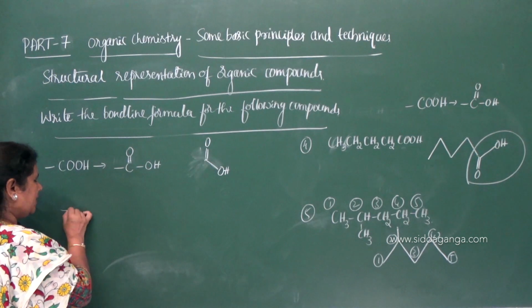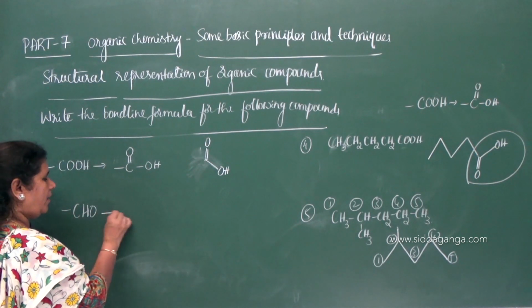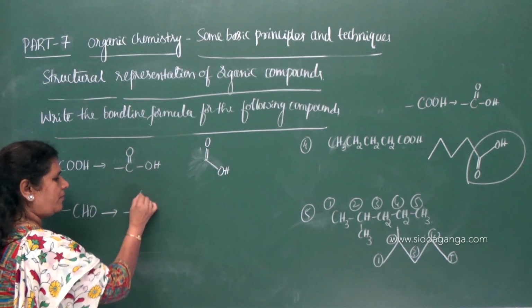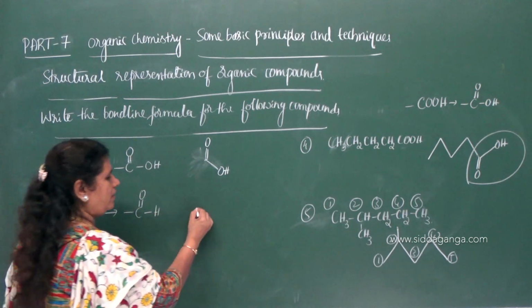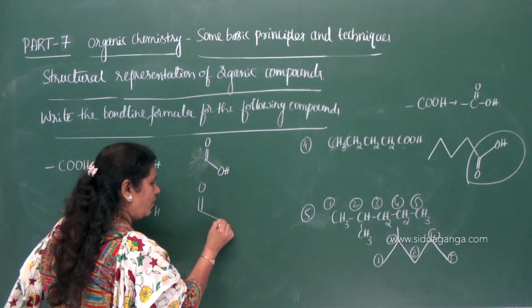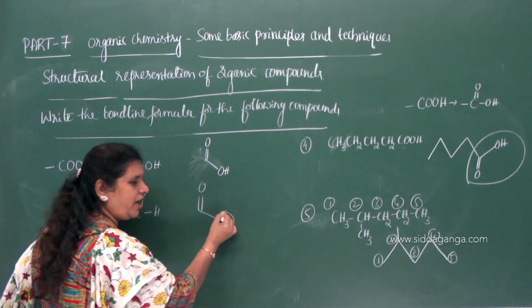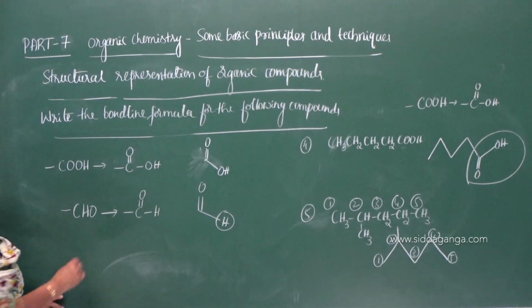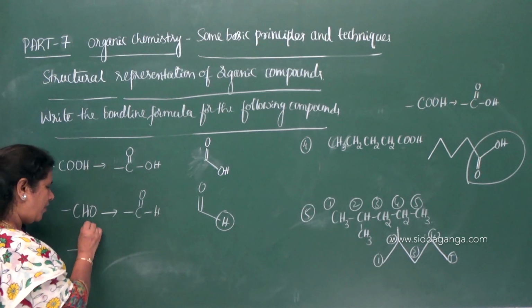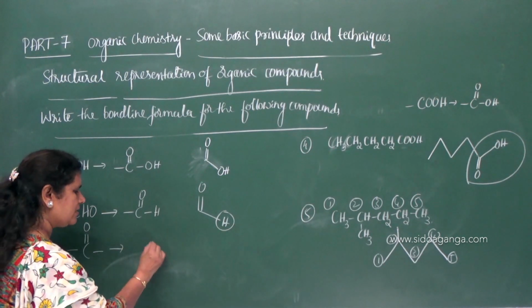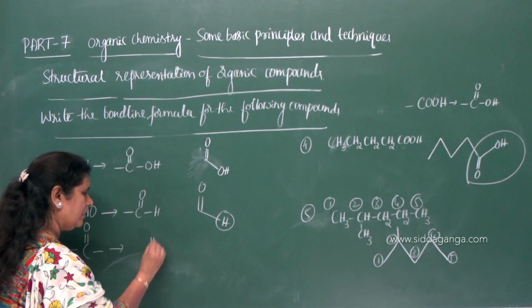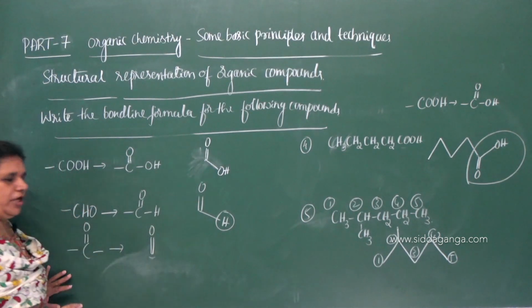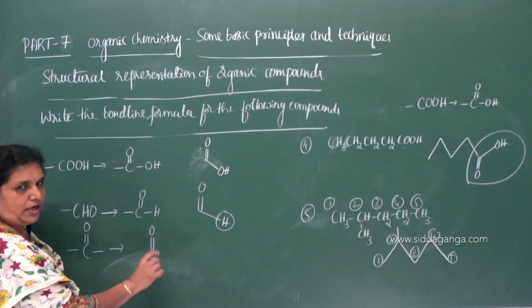Similarly, if it is the CHO group, then C double bond O and H. You have to mention hydrogen, otherwise the terminal end indicates CH3.